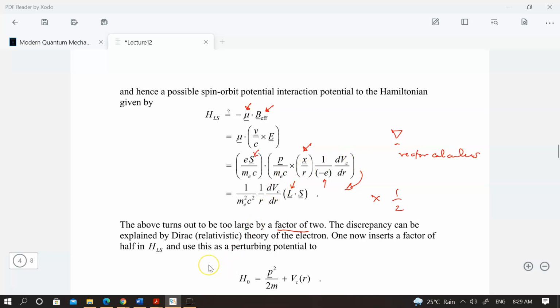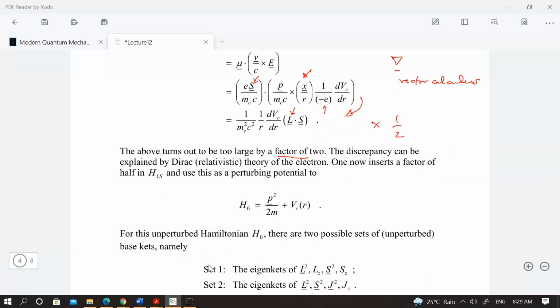So finally, what we want to do now is to look at this term as a perturbing potential to the original Hamiltonian, which is just given by your kinetic energy plus your potential. So let's do perturbation theory.